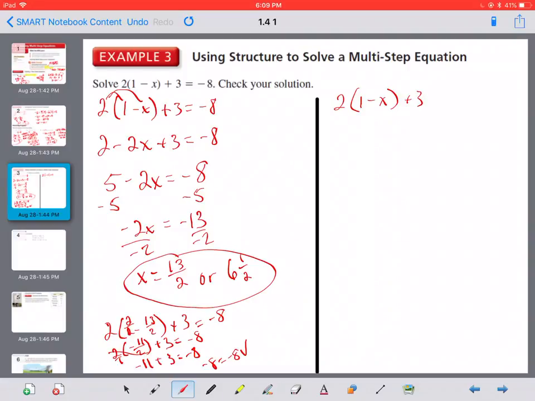There is another way to do this. There's actually a couple of different ways to do this. But we'll look at one more. Let's say we don't distribute first. We don't have to do that simplification. We can work from outside in, and we could just move the 3 first. Then we can get rid of the 2.